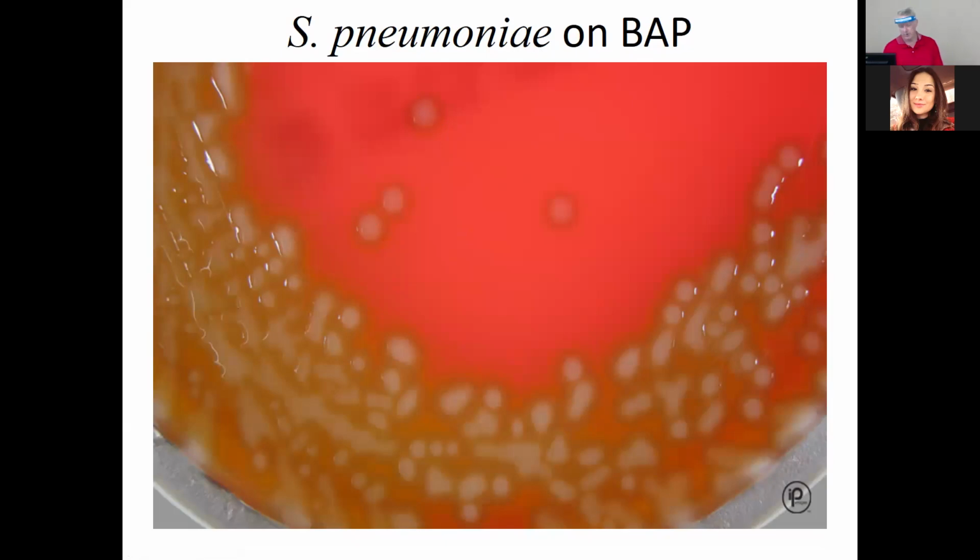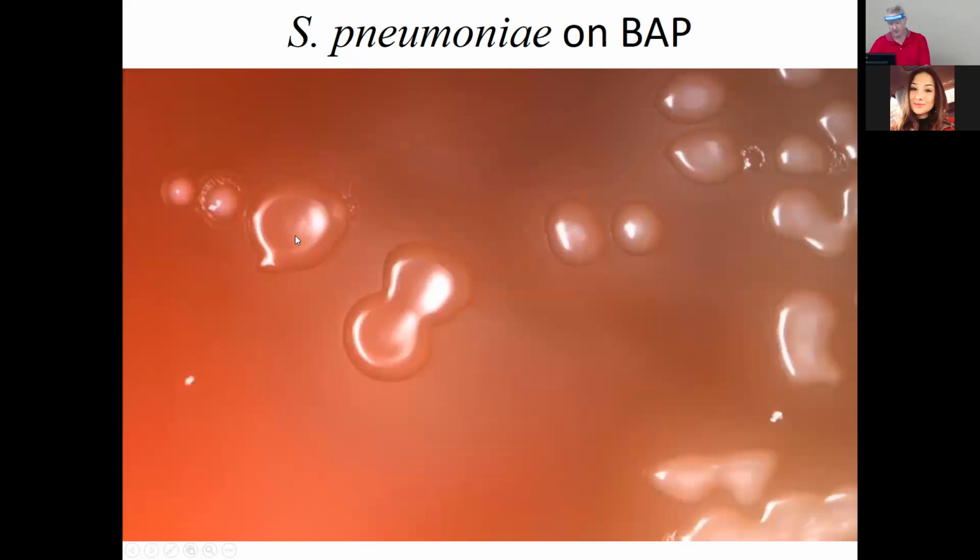What hemolysis is strep pneumo? What hemolysis would you call that? Real good picture. Alpha. Classic. Alpha hemolysis. So hopefully you can tell there's a greenish tinge to it. There's the pitting, the umbilicated. Looks like a meteor's hit, boom.